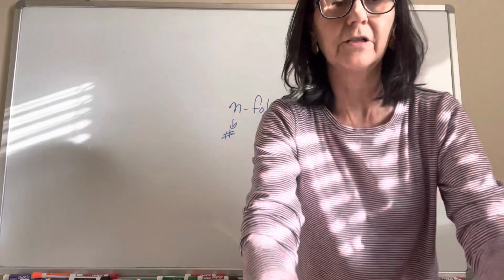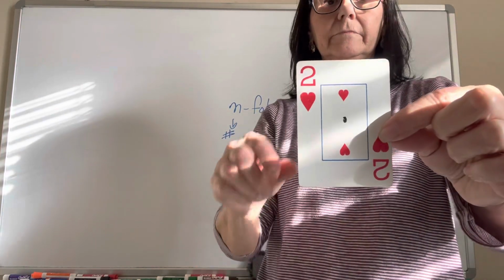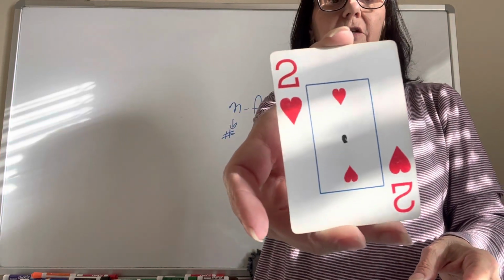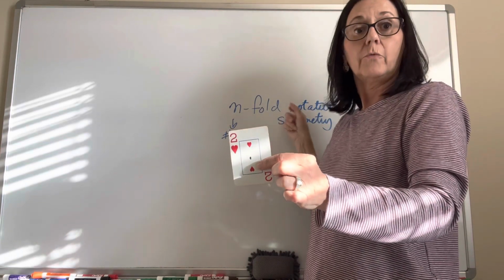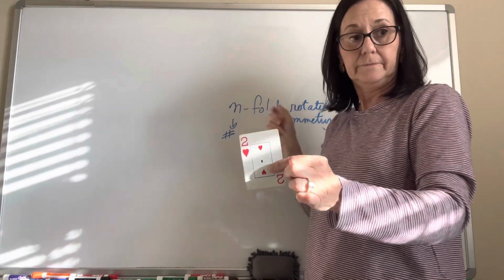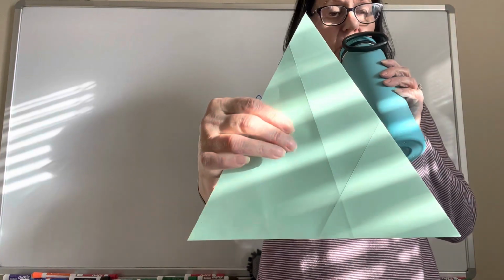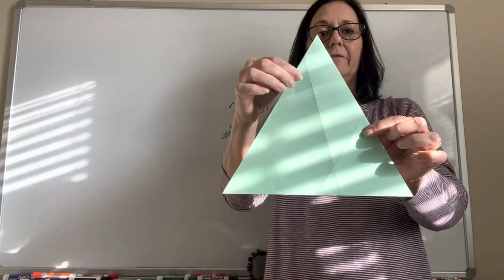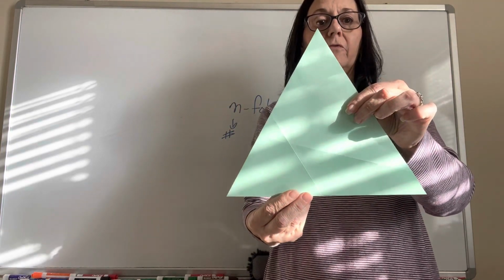All right, so back to the card. How many images look the same? This one, that's one. That's two. So it has two-fold rotation symmetry. All right, the equilateral triangle. How many images do we have? 1, 2, 3.